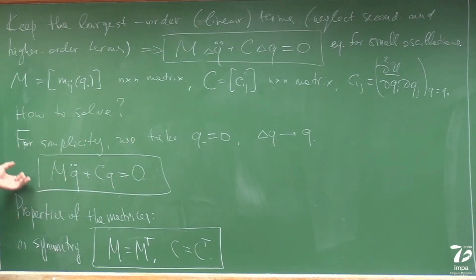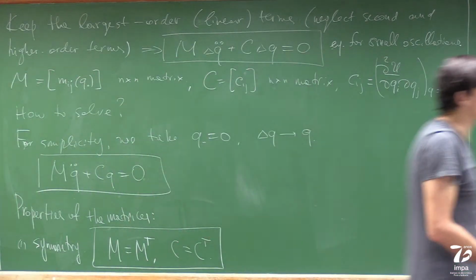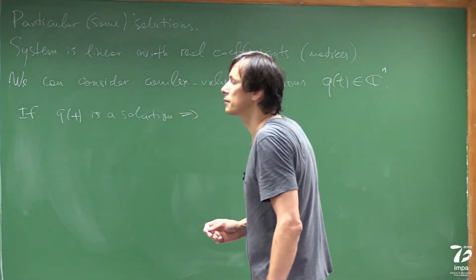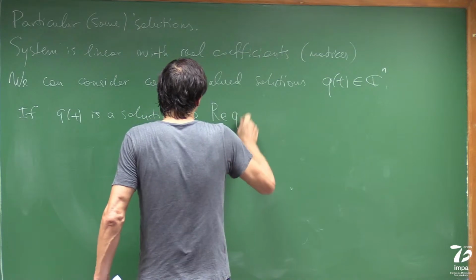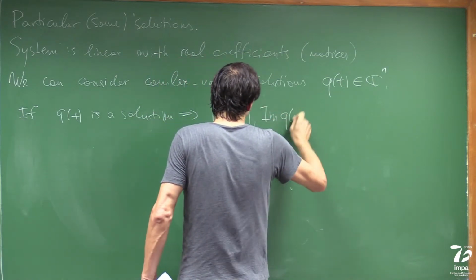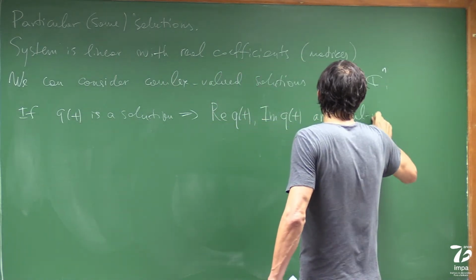But real part is satisfied by real part of Q, complex part is by complex part of Q. So here it's important that matrices are real. So check, you can make this computation directly if you don't see it from the picture. But what you see is that real part and imaginary part are real solutions, real valued solutions.